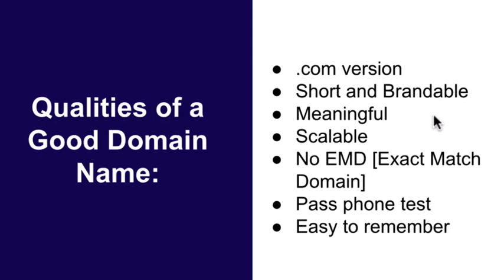It is an exact match domain name. If you are targeting a keyword like best running shoes, then don't register the domain name bestrunningshoes.com. Okay, it is an EMD, and if you register an EMD and your content is not good, your blog will get penalized or it will not perform that well.